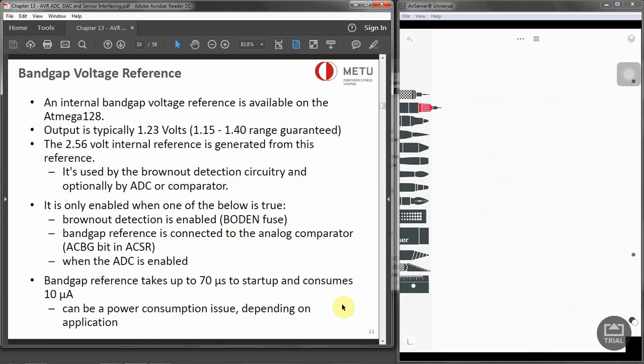So if we want to interact with the outside world, and if we want to measure one of these, what we need to do is get this analog data, convert it to digital and process it. So in order to do that, we need some kind of devices.